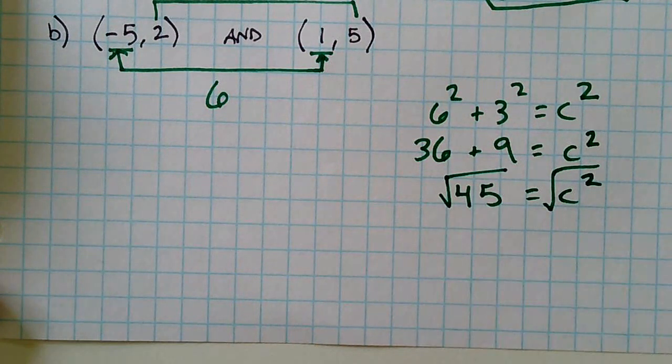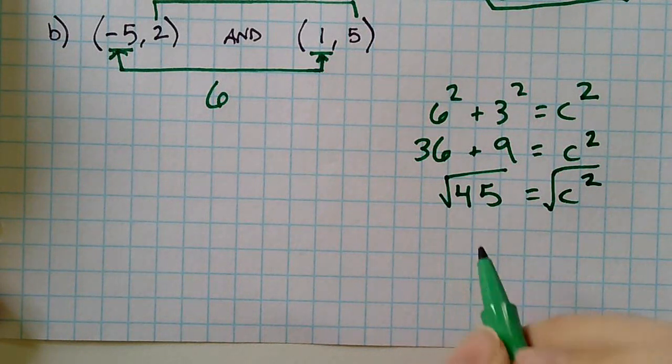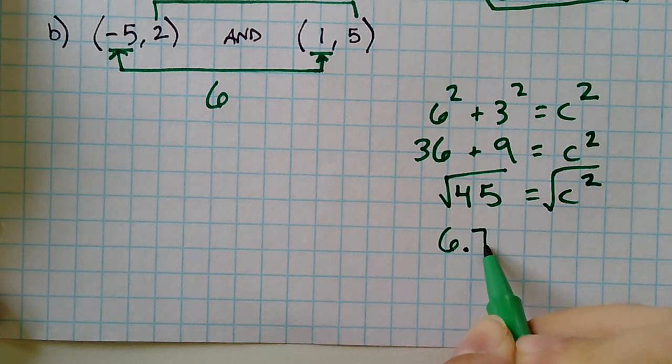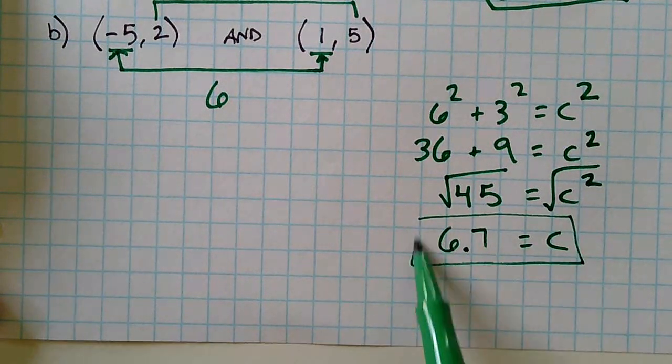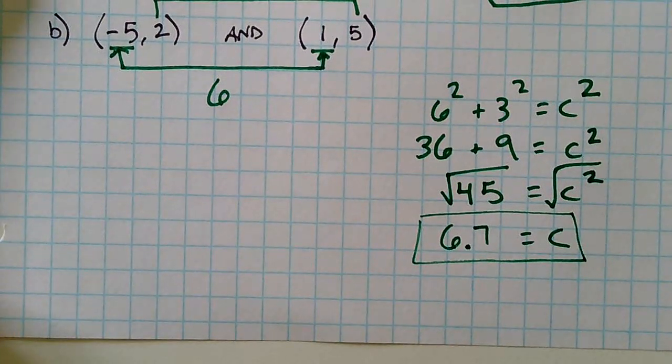The square root of 45 is about 6.7. And that would be my distance between my 2 points. And that's finding the distance between 2 points using the Pythagorean theorem on a graph and without a graph.